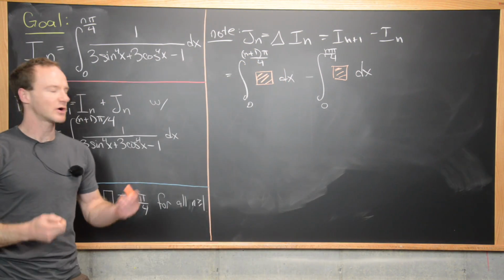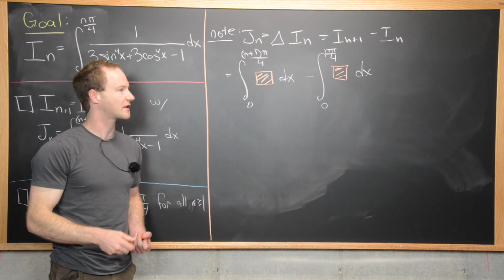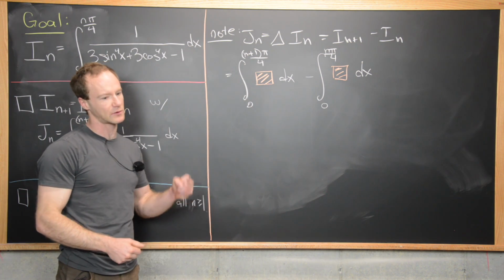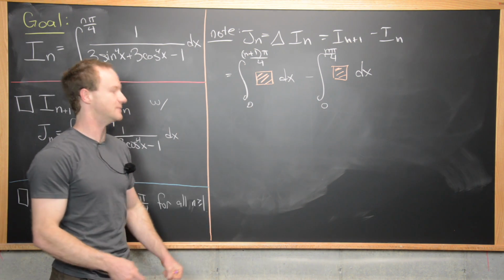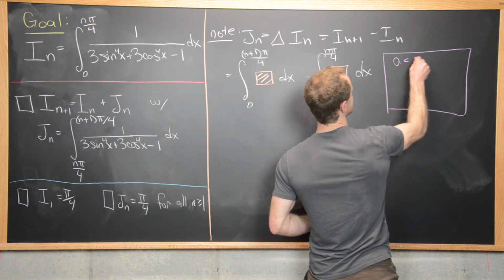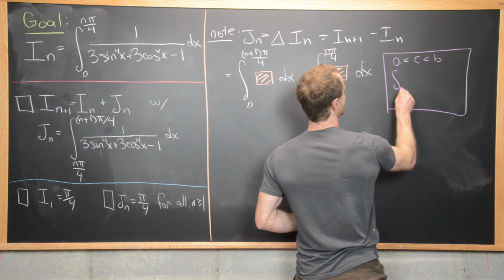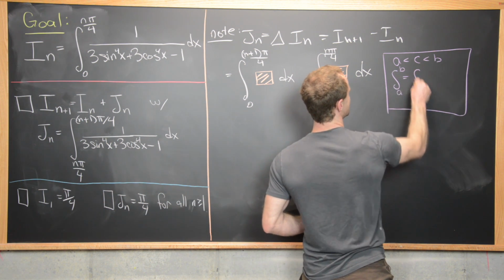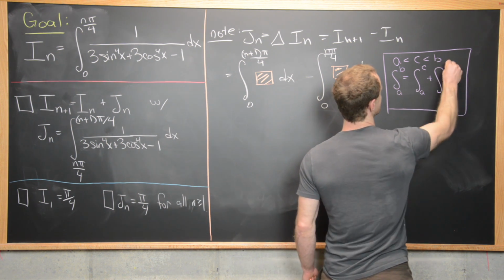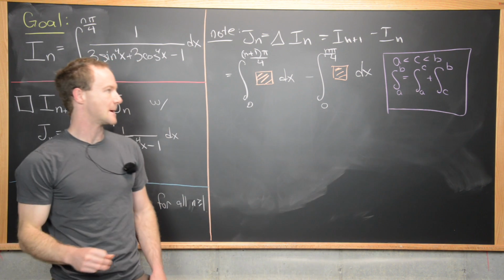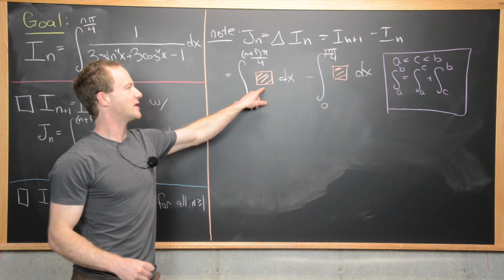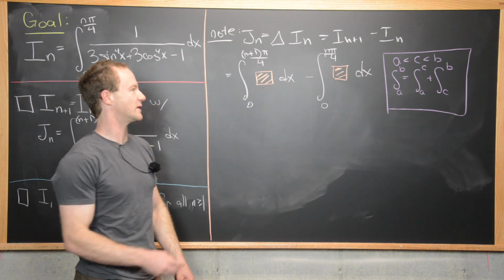Great. But now we're going to use a pretty common fact from Calculus 1 that says the integral from a to b is the same thing as the integral from a to c plus the integral from c to b. So let's recall that over here. If you have a less than c less than b, the integral of something from a to b is the same thing as the integral from a to c plus the integral from c to b. Okay, great. If we move this integral from a to c over here, we can apply that to our system in this case.